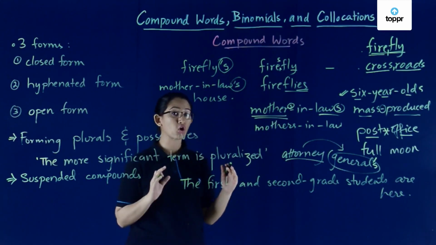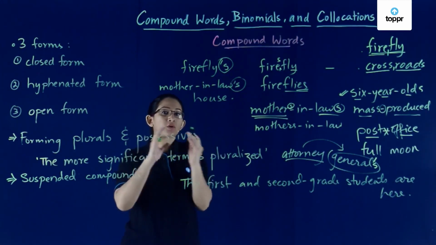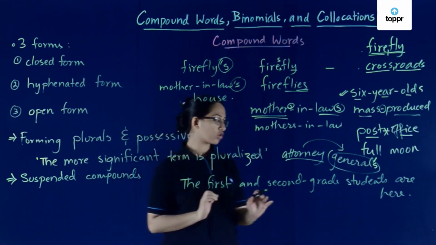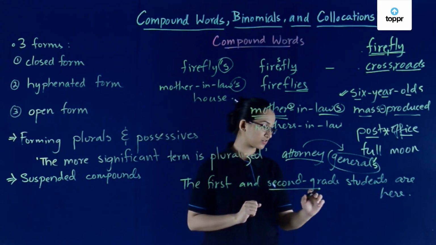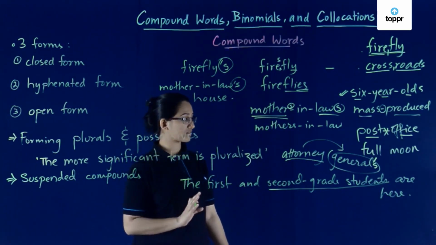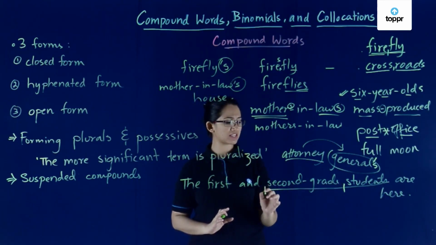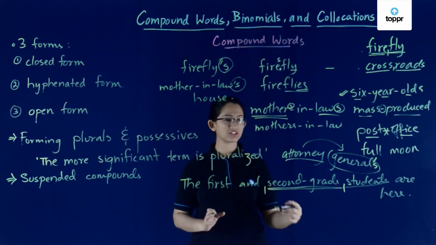So, where do you think the compound words are? We have words that form a unit. Here the compound word that I can see is second grade students. Or maybe I can even consider just this part, second grade, to form the adjective of the students.